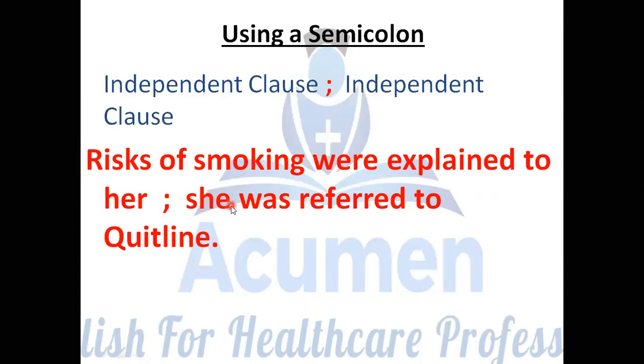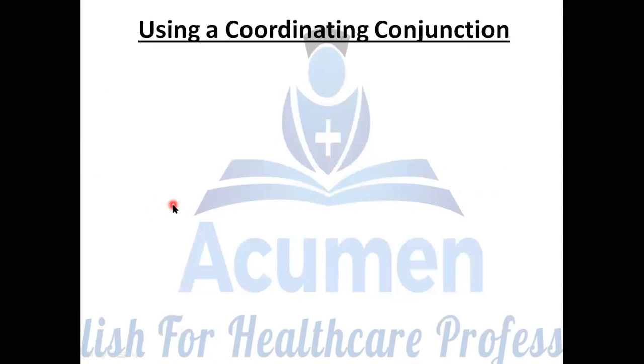So I can't start after semicolon, I can't say was referred to quit line. I need to have a complete sentence. She was referred to quit line. Okay, and then I need to connect it using semicolon.